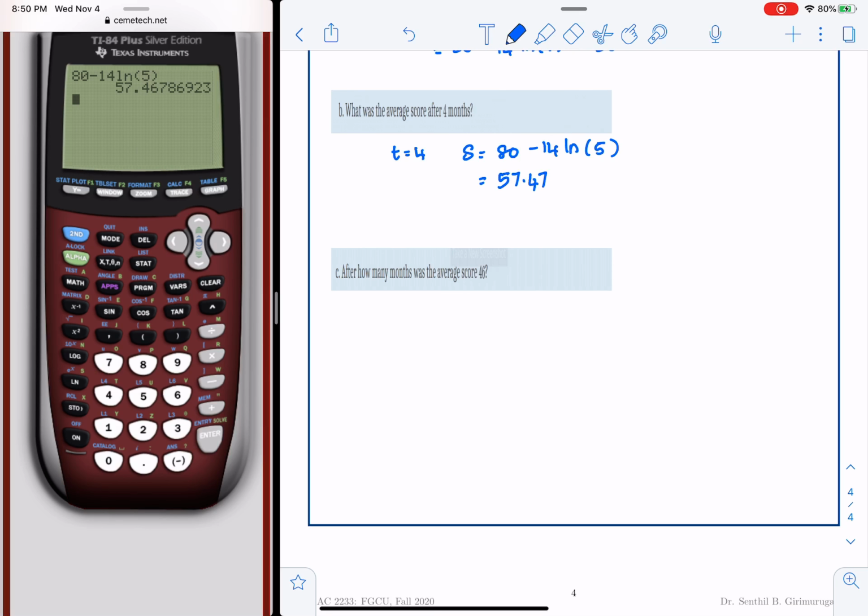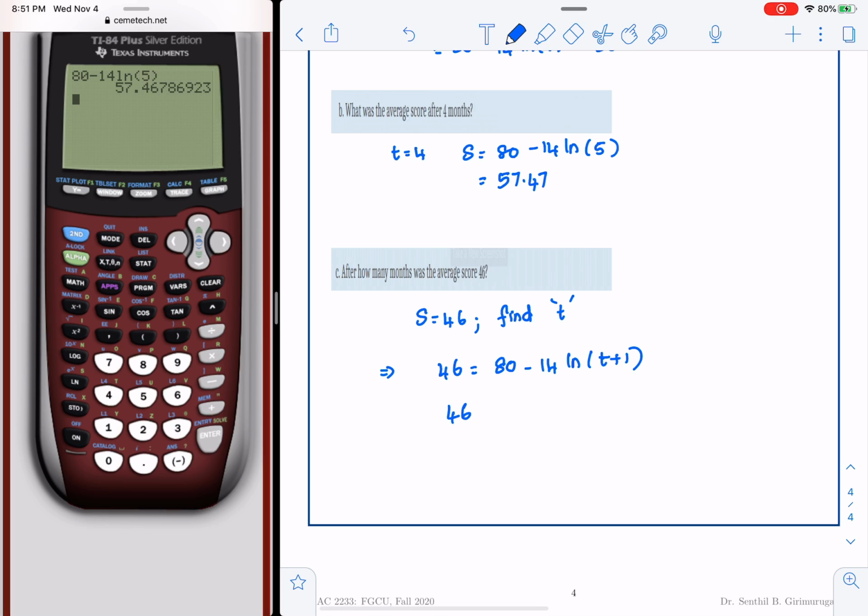In part C, we want to find the number of months it would take for the score to become 46. In other words, we are given the score 46, and we have to find t, the time. So 46 equals 80 minus 14 ln of t plus 1, and that is a logarithmic equation. The first step is to move all the numbers to one side so that we isolate the logarithm.